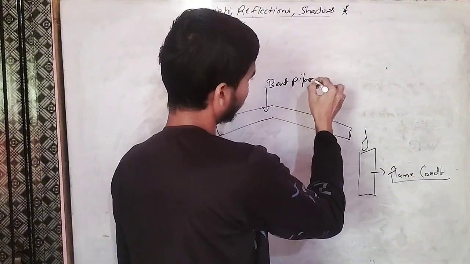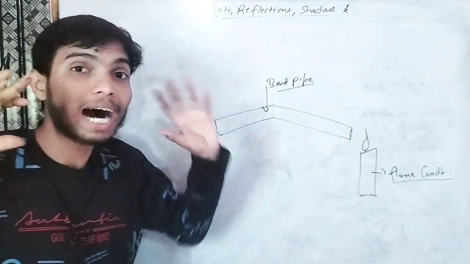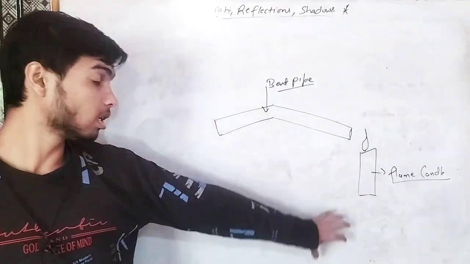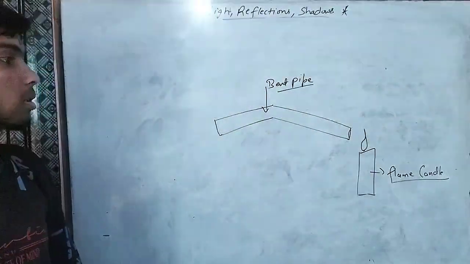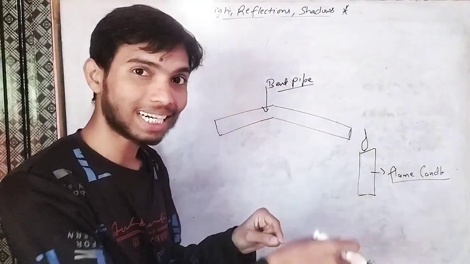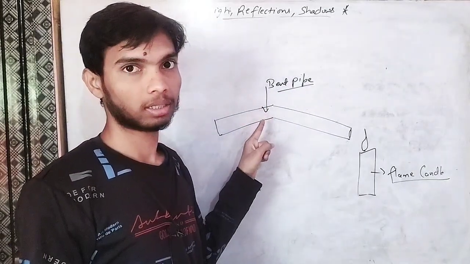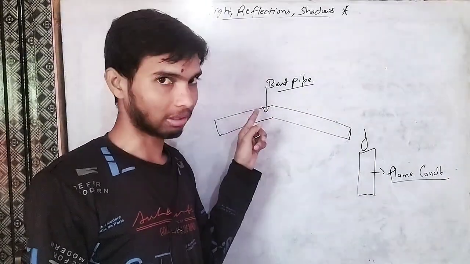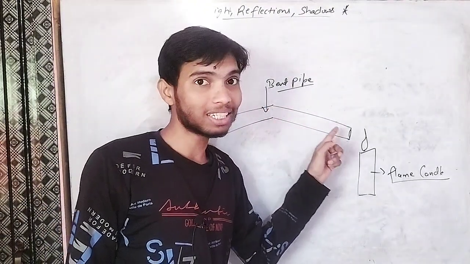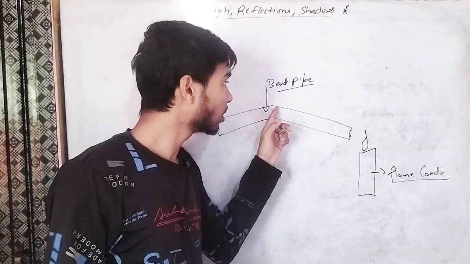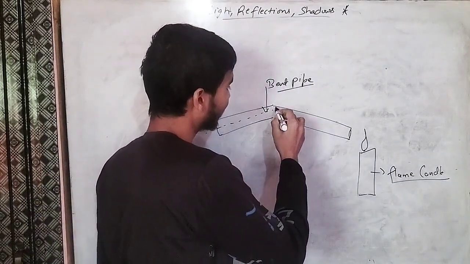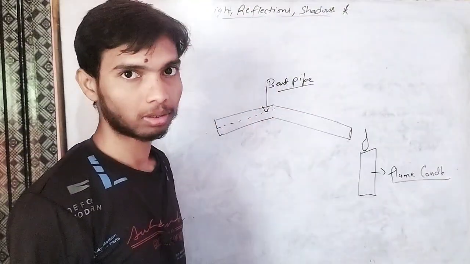If this pipe is bent, then our eyes will not be able to see the flame candle, because light travels in a straight line only up to here. But here it will turn into another direction after hitting on it. So our eyes will be able to see only up to here.